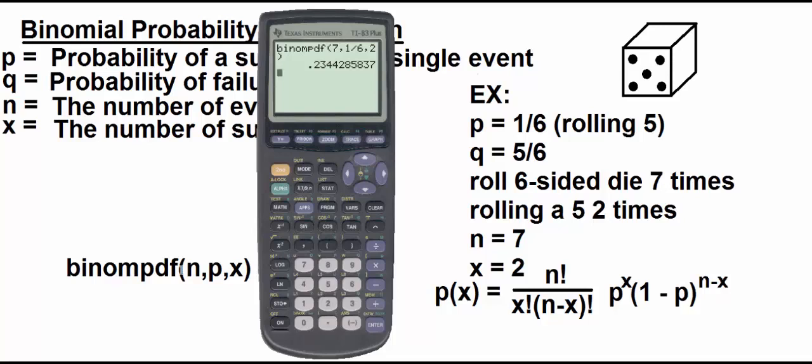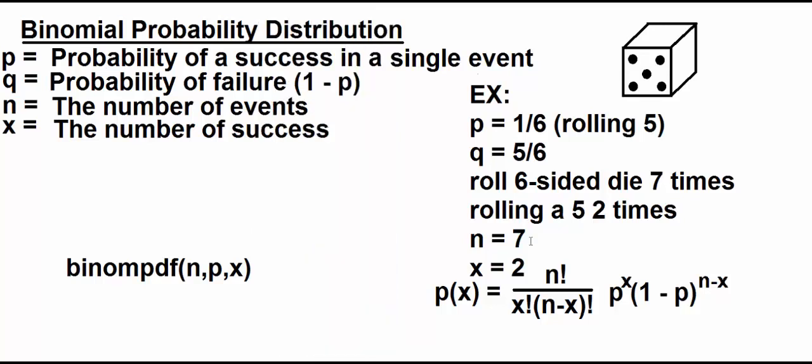I use the calculator to calculate a binomial distribution probability. But we're going to look at a slightly different problem now. Let's go back to this example. And now let's say instead of getting a 5 2 times, let's say I get a 5 2 times or less.